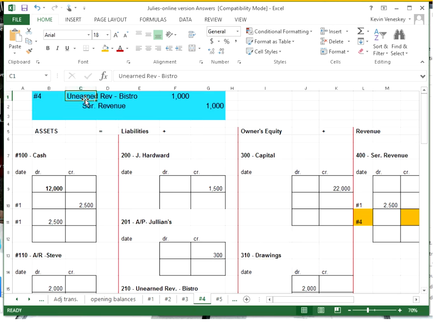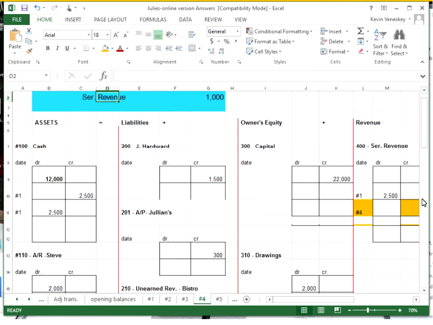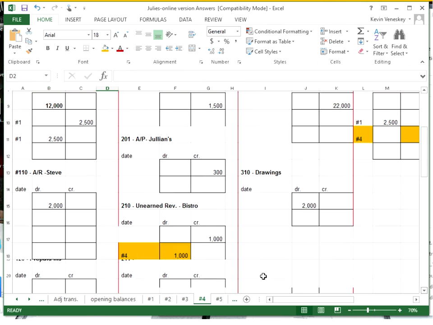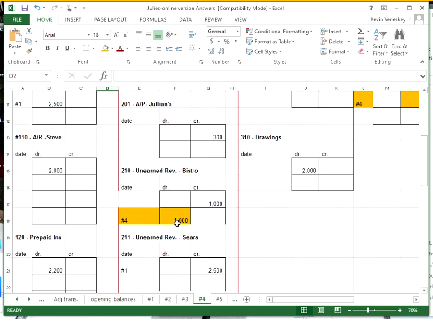The first thing, what the company gets as our debit question, well, we got a reduction on our balance of what we owe Bistro. It was actually a complete reduction. We don't owe them anything. And the reason I don't owe them anything is because I've now done the work. So I wanted to show in my T accounts here, I have now removed that $1,000 that I owed. It's now gone.